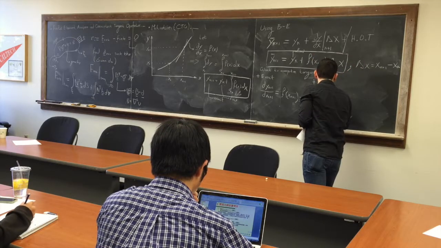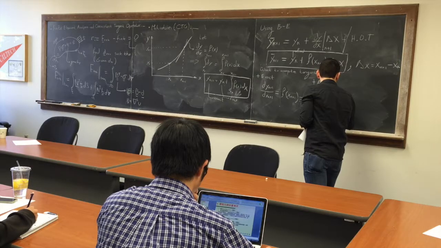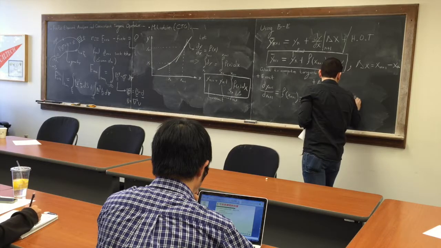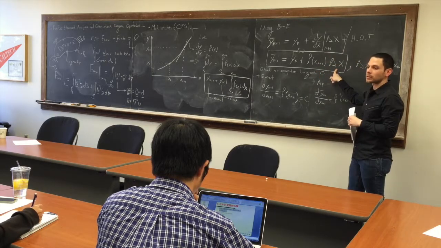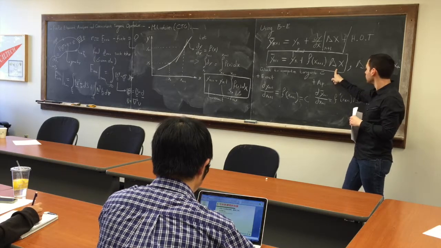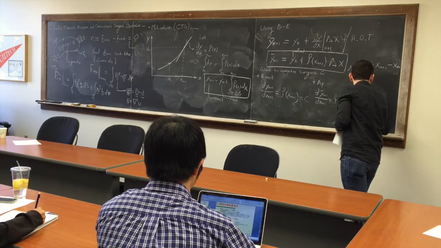F prime at xk plus 1 times delta x, plus, what's the derivative of delta x with respect to xk plus 1? One, times f at xk plus 1.